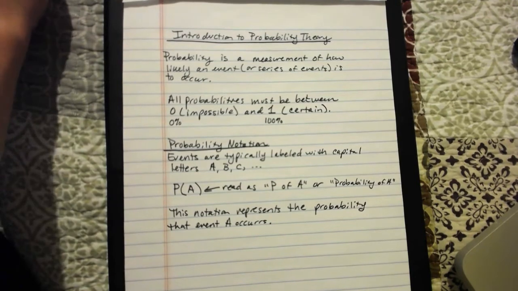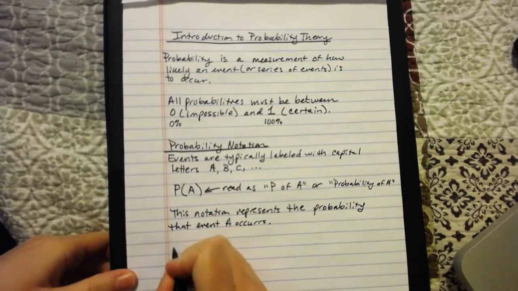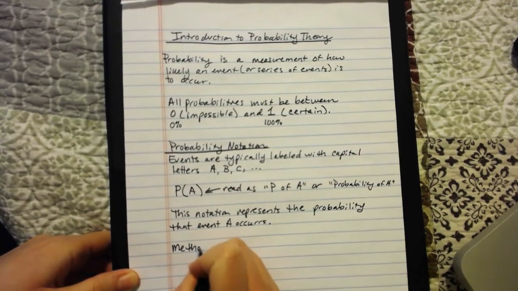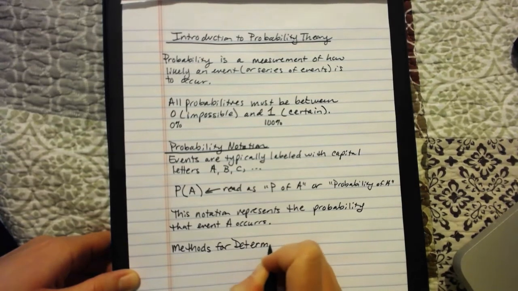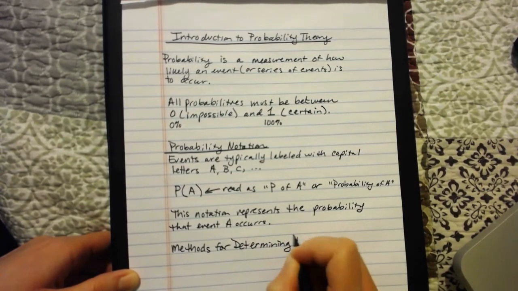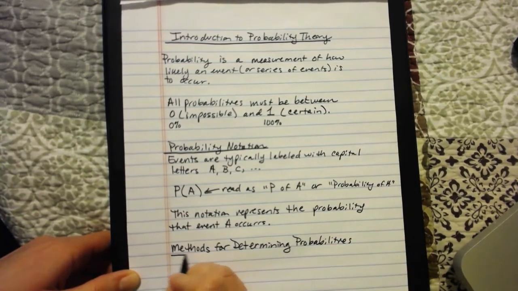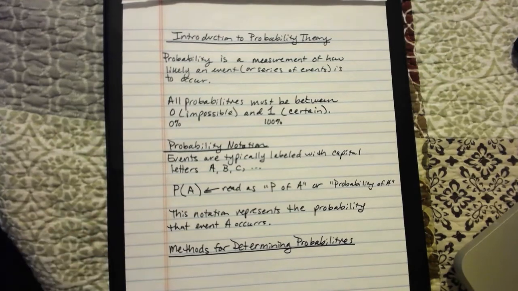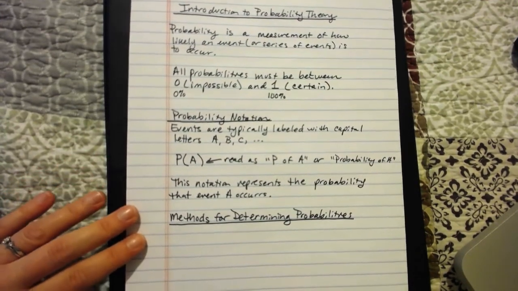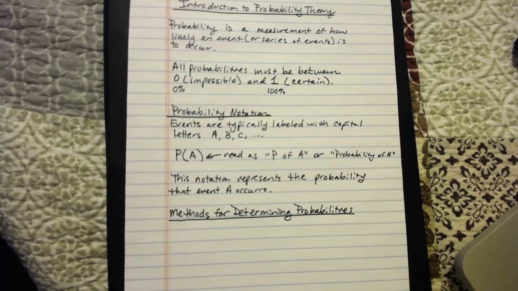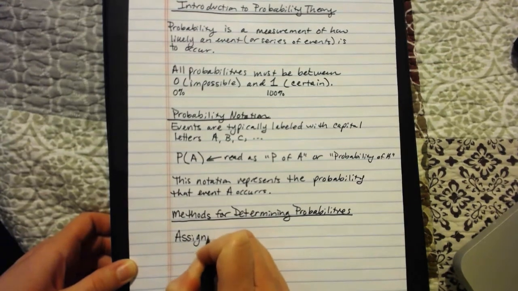Now, in this section, there are going to be a couple of different ways of determining probabilities that we're going to talk about. So we'll look at methods for determining probabilities. The first method is the one that we use probably most often, but it's also the least useful mathematically, and that would be what's called assignment by intuition.